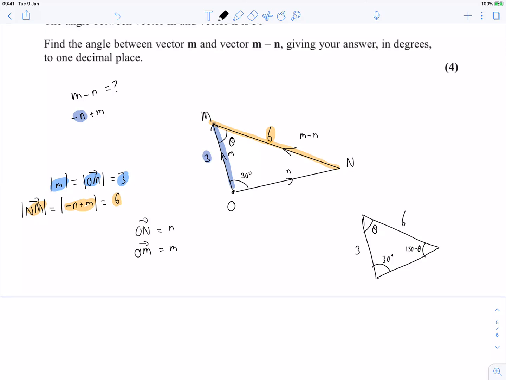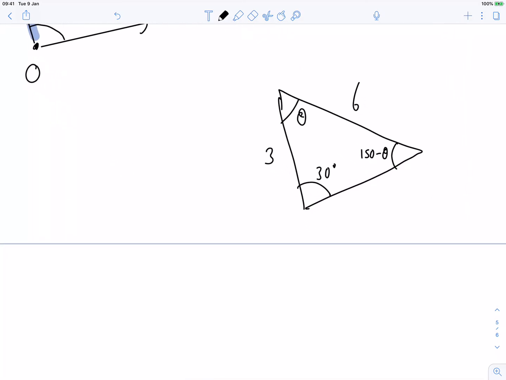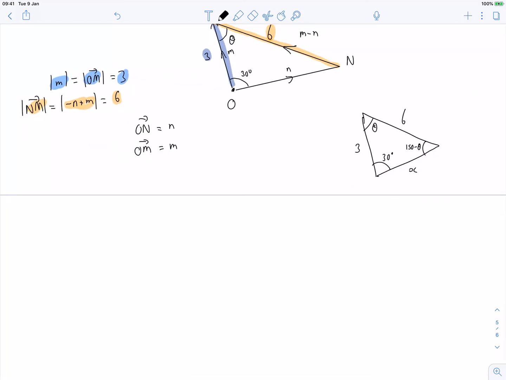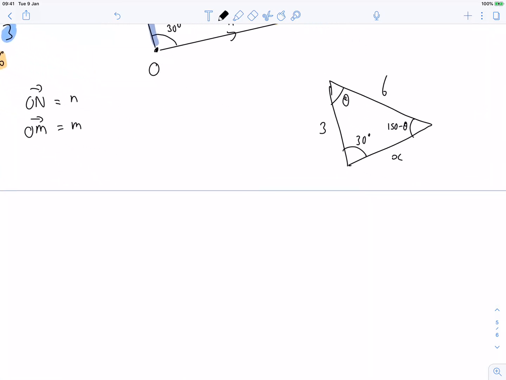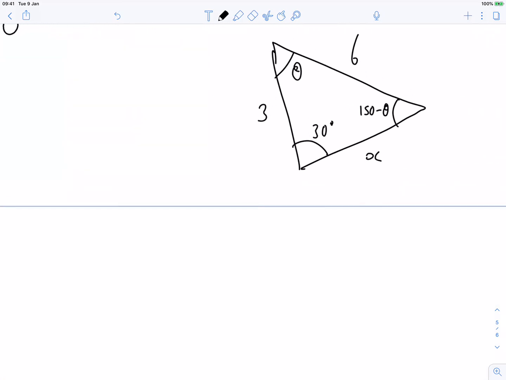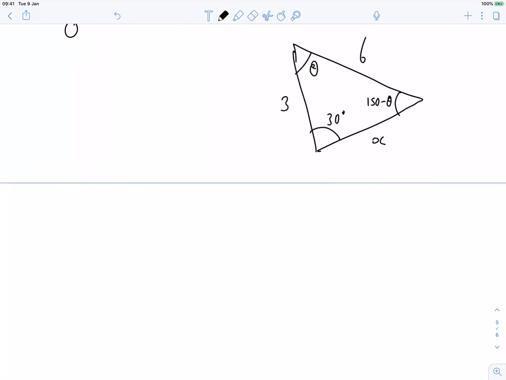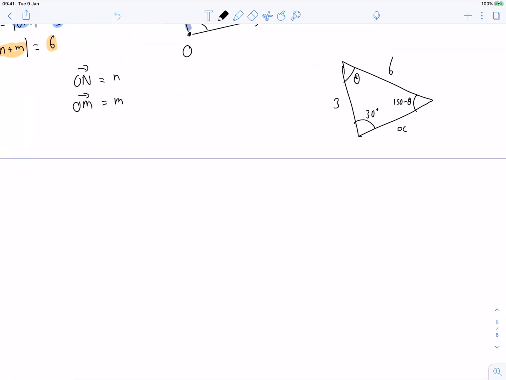Is there any way of working out this length here x? Well, no. Okay, now we haven't covered this yet, but it is in GCSE and you should be fairly familiar with it, and that is the sine rule.